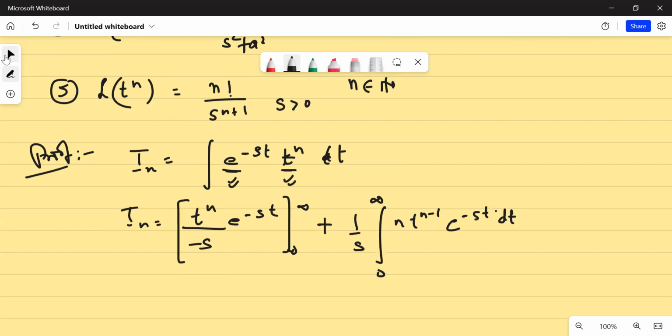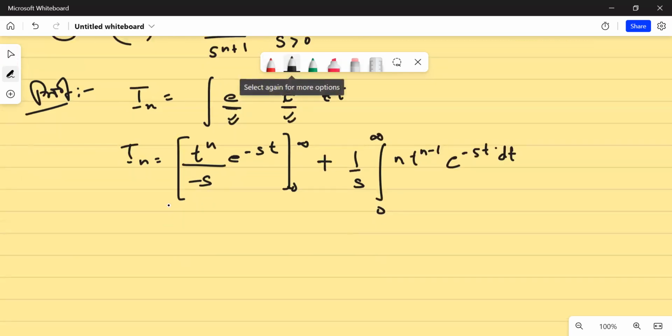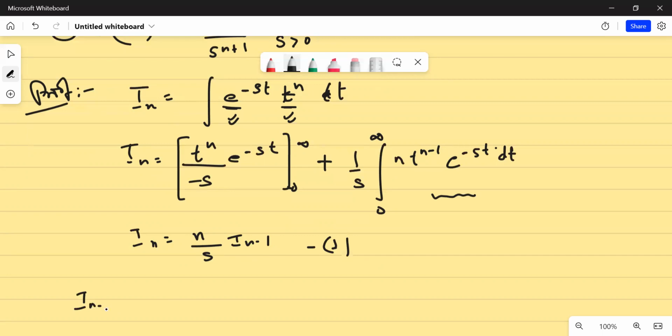So one can clearly see that I_n equals n upon s times I_{n-1}. I'm controlling my integral index by the parameter n: if the exponent is n, the index of the integral is I_n, and here the exponent of t is n minus 1, so the index is I_{n-1}. Similarly, let us go along with I_{n-1}.